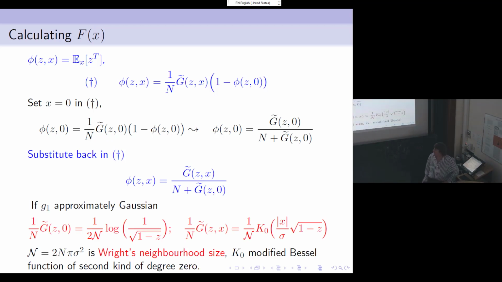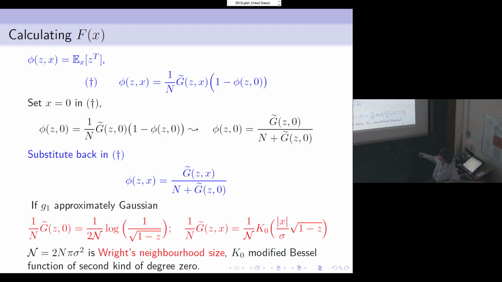Now, it turns out you can sometimes write down g tilde. If my dispersal was approximately Gaussian, then one can write down these g tildes. Evaluated at 0, we get this thing with a logarithmic divergence, and evaluated at x, we get something which is horrible.